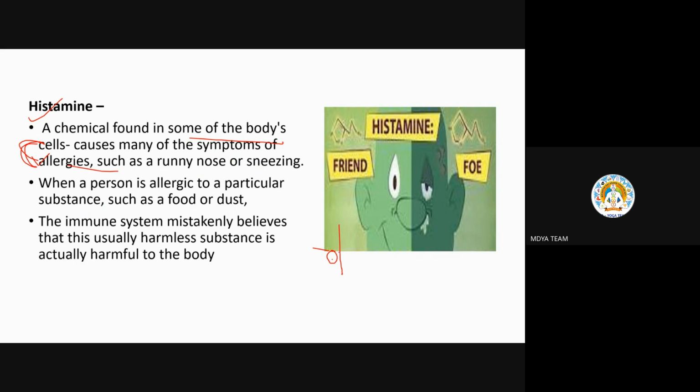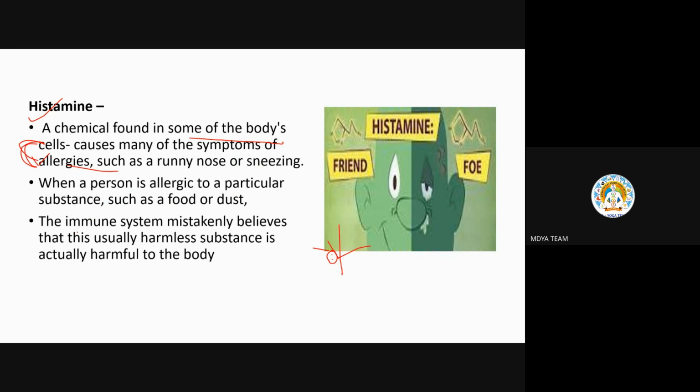Then our body tries to destroy those cells which do not need to be destroyed or are good for our body, and this leads to the problem. So what exactly happens when a person is allergic to a particular substance like food or dust, or when we are allergic to some item?